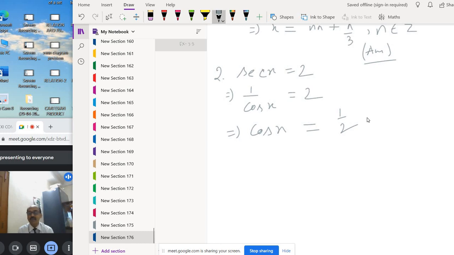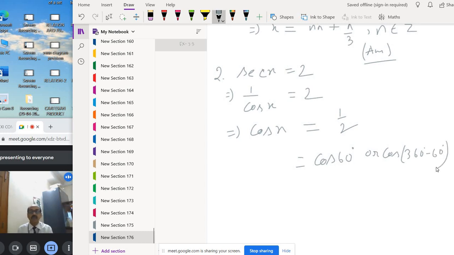First quadrant all positive, and fourth quadrant, cos is positive. Fourth quadrant means 360 minus 60, since the angle is 60. So cos 360 minus 60.